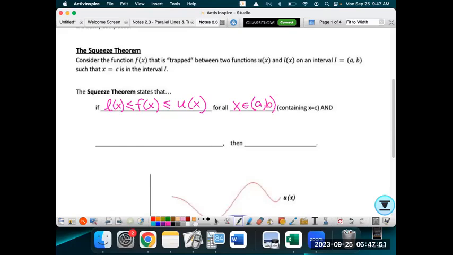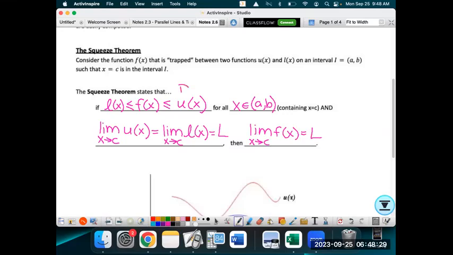Here's the squeezing portion. If the limit as x approaches c of your upper function is also the same as the limit as x approaches c of your lower function, and let's say that that value is L, then we can conclude that the limit of our function itself is the same as those two other limits, L. So we have two criteria that we need to ensure.